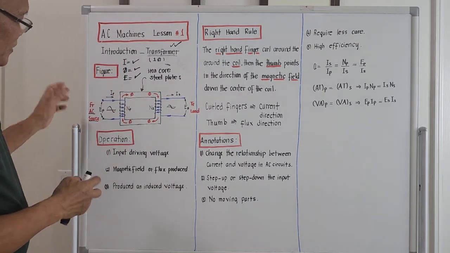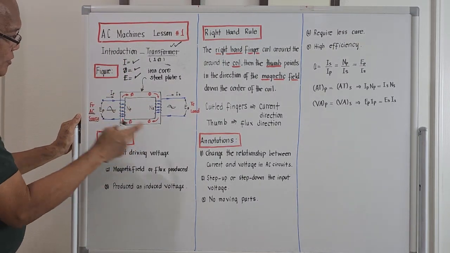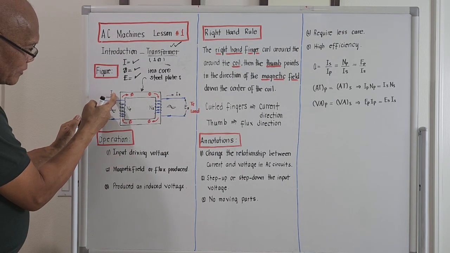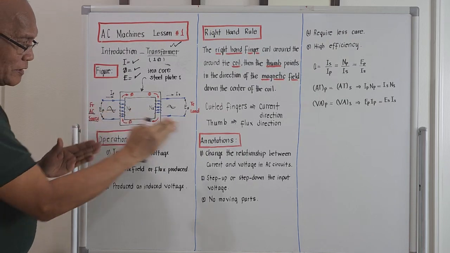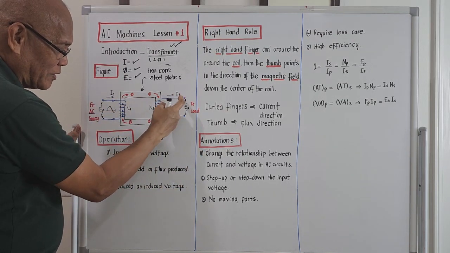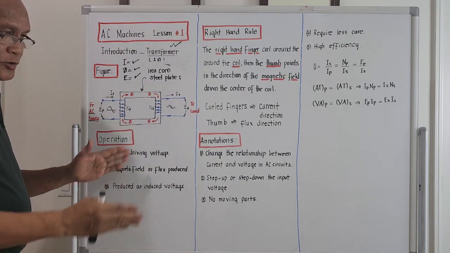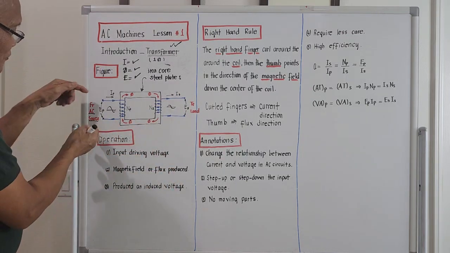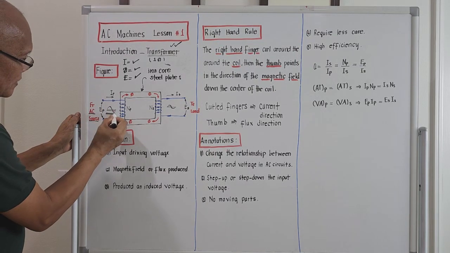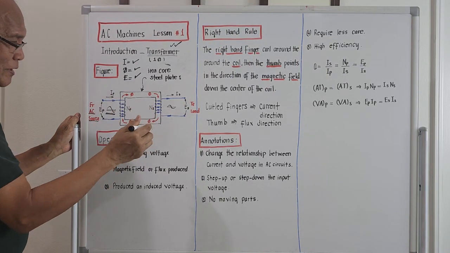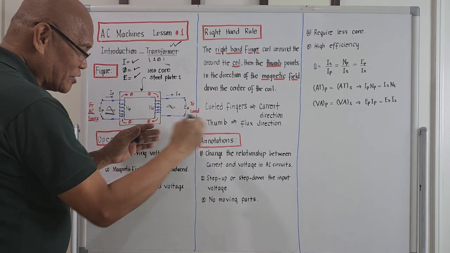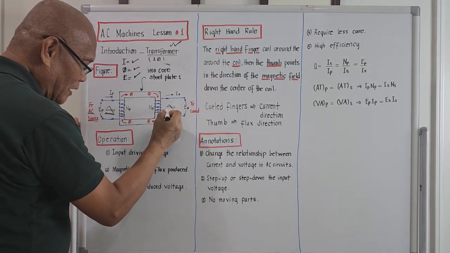The current on the primary side is designated by capital letter I with the subscript P, meaning primary current. The corresponding current on the secondary side is capital letter I with the subscript S, meaning secondary current. I place it here. If the applied voltage here is alternating, the voltage coming out on the secondary will still be alternating.